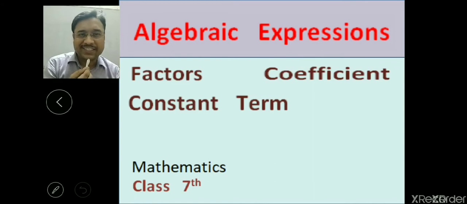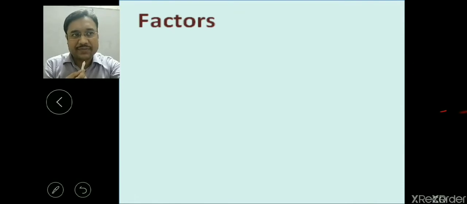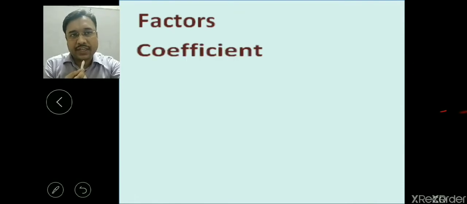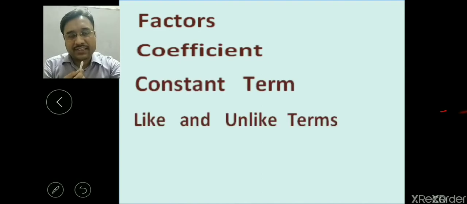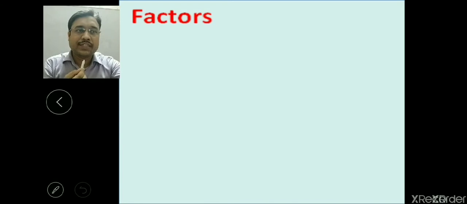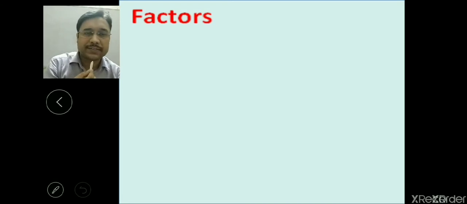So now let's start, students. First we have to understand factors, then coefficients, constant terms, and next like and unlike terms. Afterwards we will see the addition of monomials also. So first you see factors.